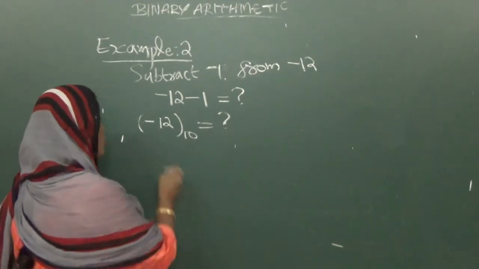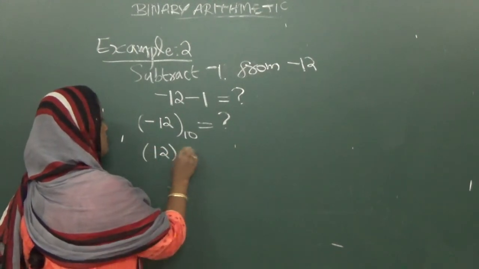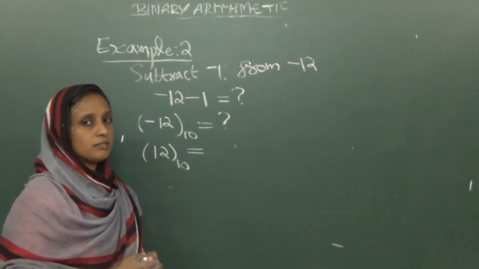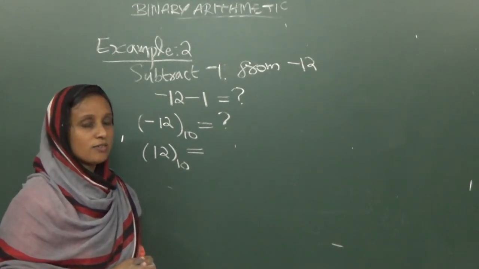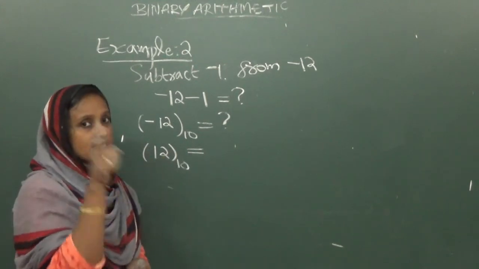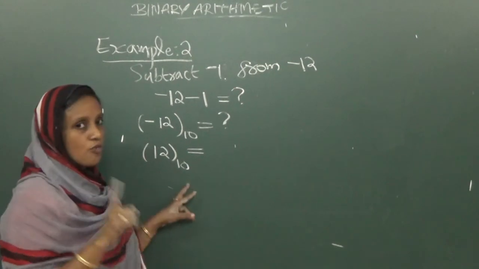How to write decimal 12 in binary? 8 plus 4 is 12, right? So fourth and third place should be 1.